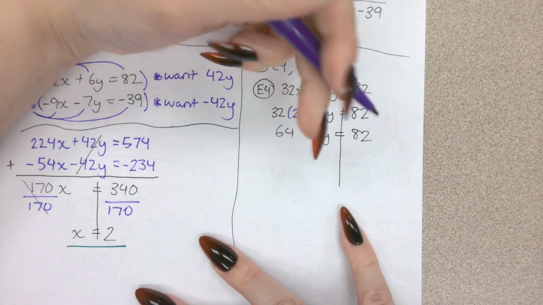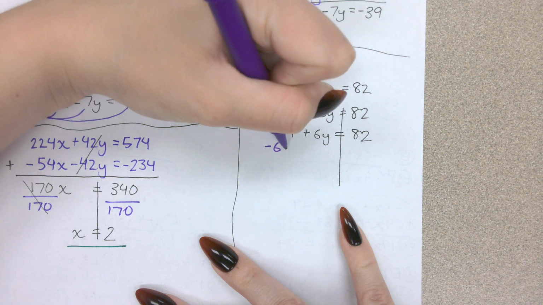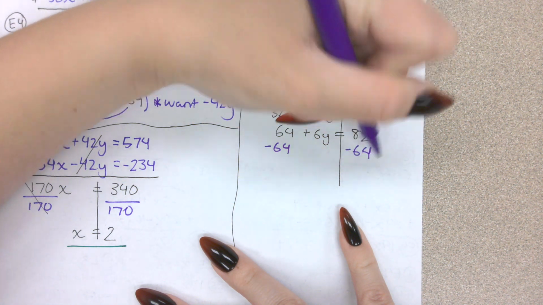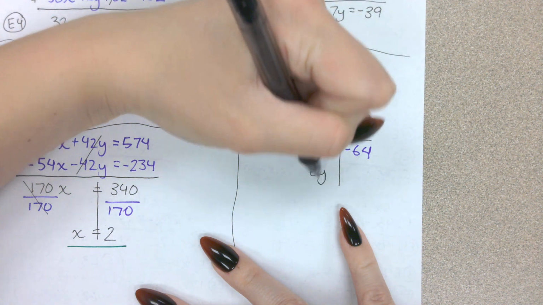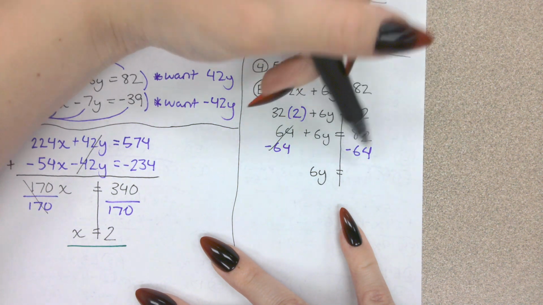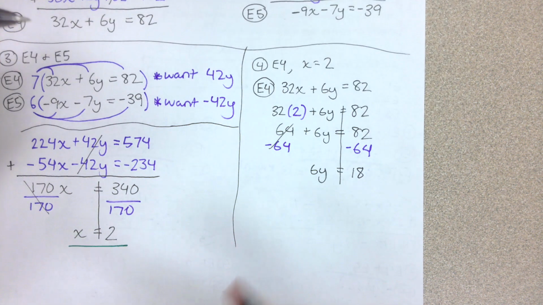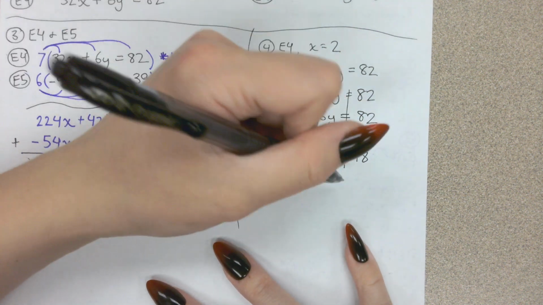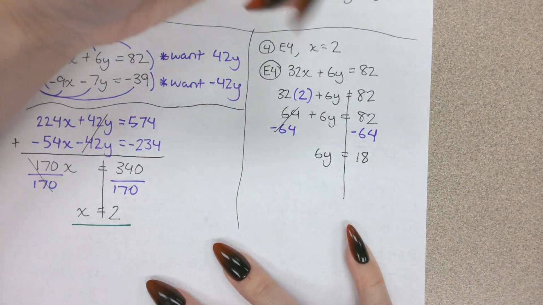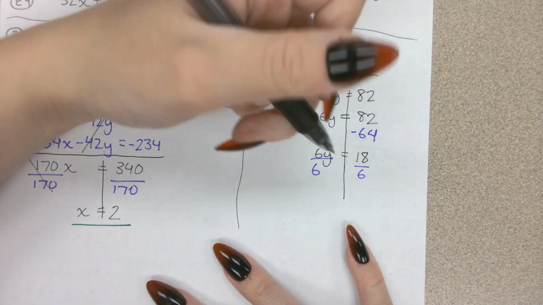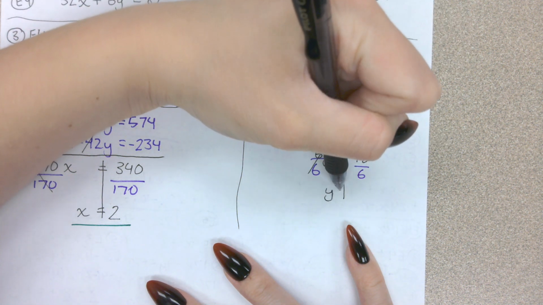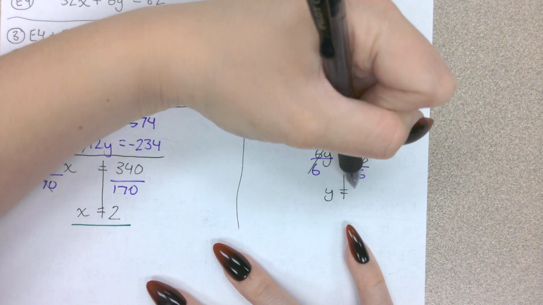To get 6y by itself, I need to move the 64, so I'm going to minus 64 on both sides. 6y equals 82 minus 64, that's positive 18. And then lastly, I divide by 6 on both sides. Y equals 18 over 6, that is 3.